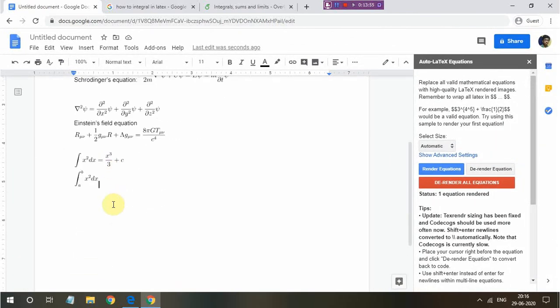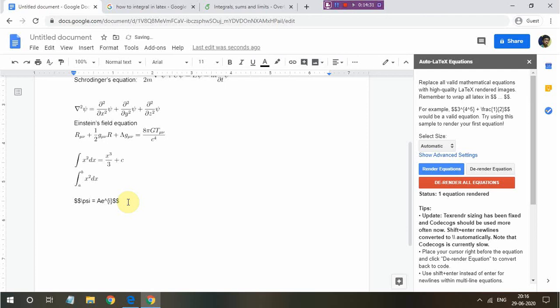And let's try some more special equations, like psi equals a sine of 2 pi x over lambda. That's the simple one after all. Yeah, let's try this. Psi equals a e raised to the power of i kx minus omega t. That's a bit complicated, but it's again easy. So psi, this is the wave function, is a, space is not required here, e raised to the power of, always use curly brackets here, so that the entire thing in the curly bracket will be raised to the power of e, i, and then in bracket.